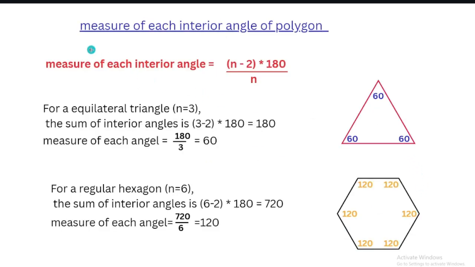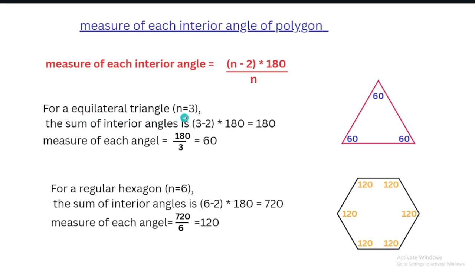Let's learn how to measure the interior angles of a polygon. There is a rule: n minus 2 times 180, over n. If we want the sum of all the interior angles, we can delete this n.